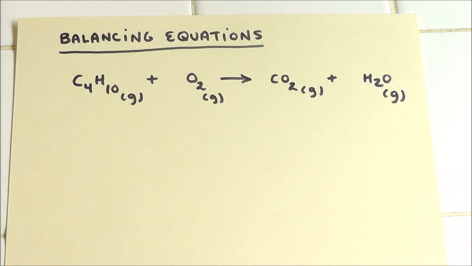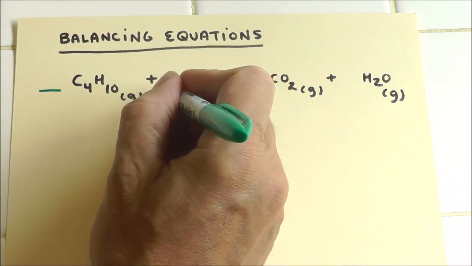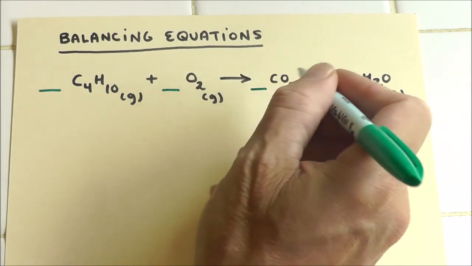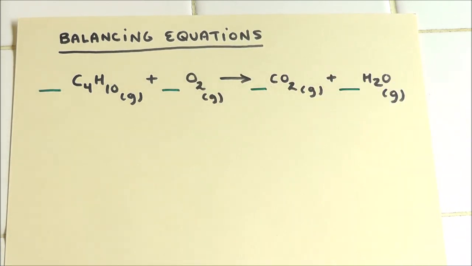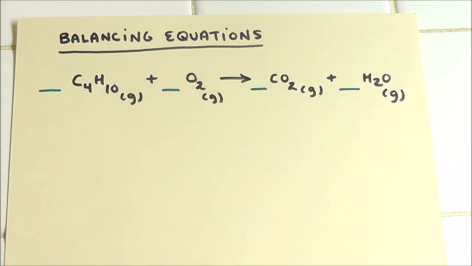We want to think of there being a little space here. I'll put a little space where we are allowed to put numbers. We are not allowed to change any other numbers in the formulas because, as you know, formulas are there for a reason, and so I can't just fudge this whole thing by putting a 4 in C4O2. Well, there is no C4O2. So you cannot change the little numbers.